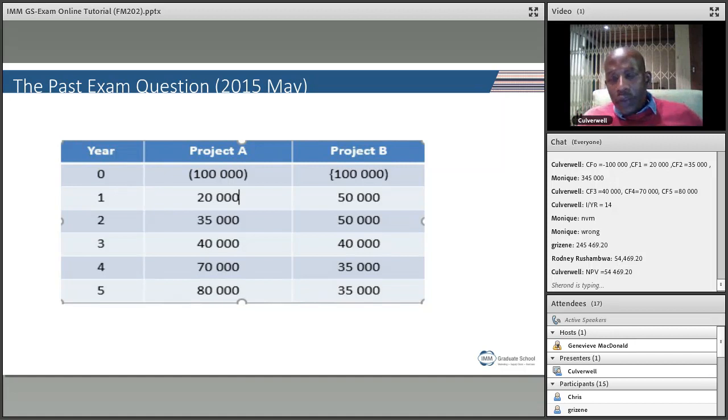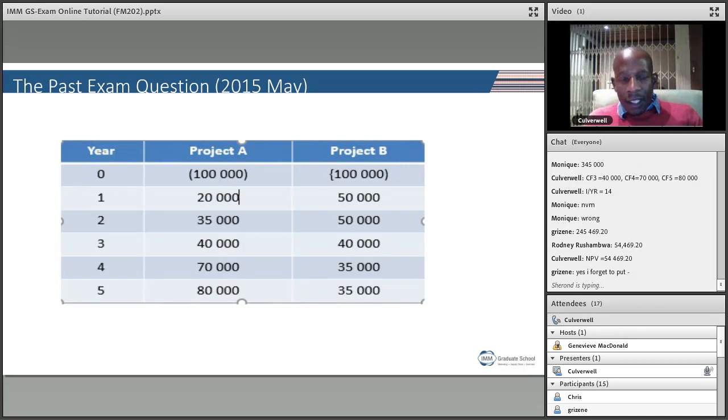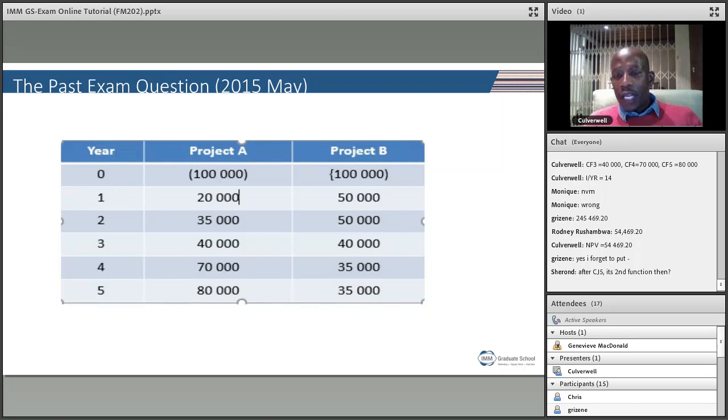Remember, your cash flow in year 0 is negative. So don't put it as positive. You need to bring that figure as negative, because it is an outflow. And you recalculate that. You say 100,000 plus minus, then you say CFJ, so that you get a negative cash flow. 20,000 CF1, 35 CF2, 40 CF3, 70 CF4, great stuff, as long as you've been following.